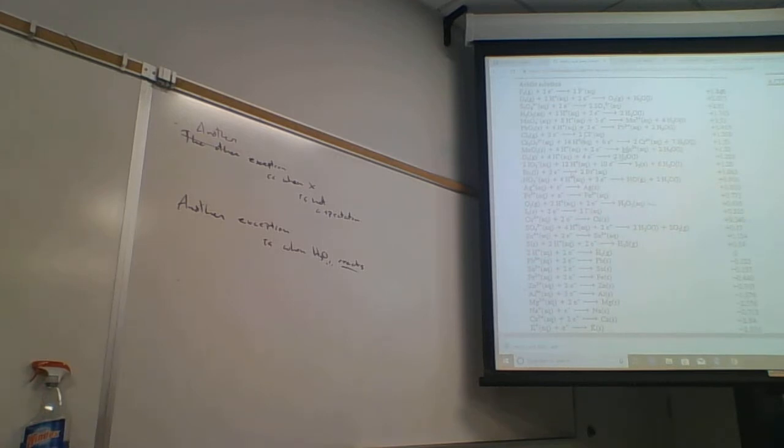Predicting redox. Therefore, I have an alternate method that we can use that does not require one to memorize exceptions.